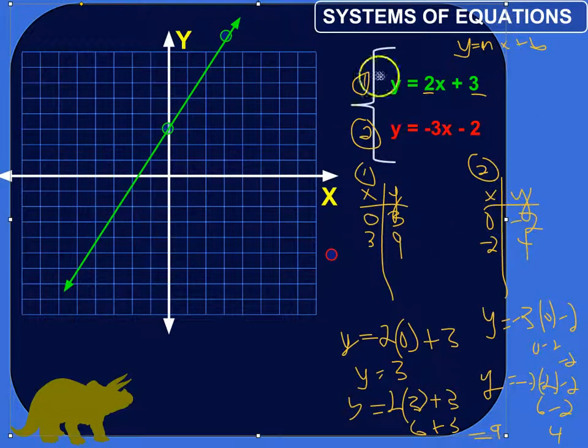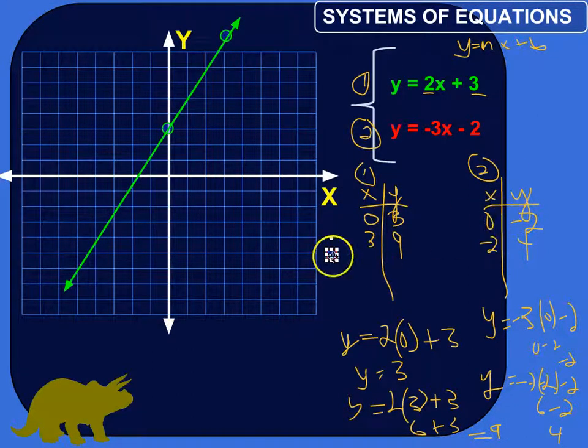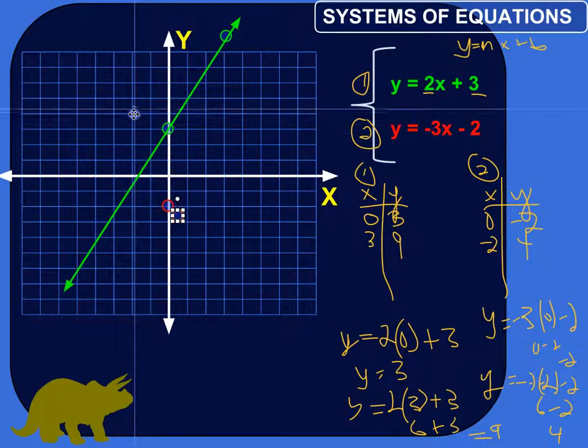All right, let's check the second one. So our first coordinate pair is 0, -2. So when x is 0, y is -2. All right, then when x is -2, y is 4. So 1, 2, -2. Then +4. 1, 2, 3, 4.